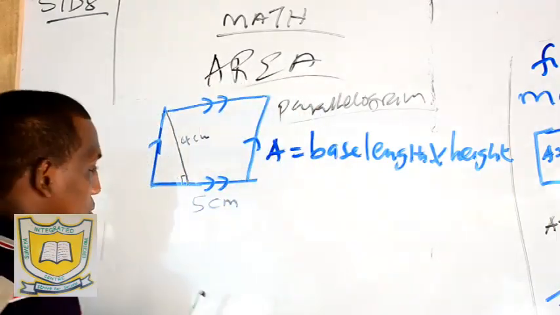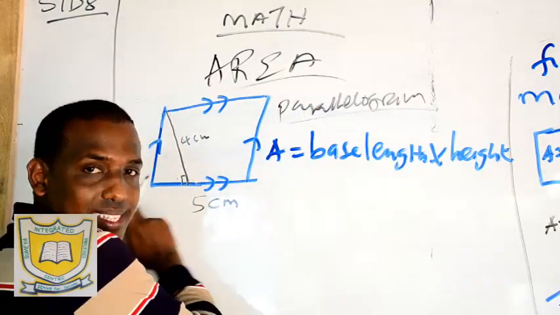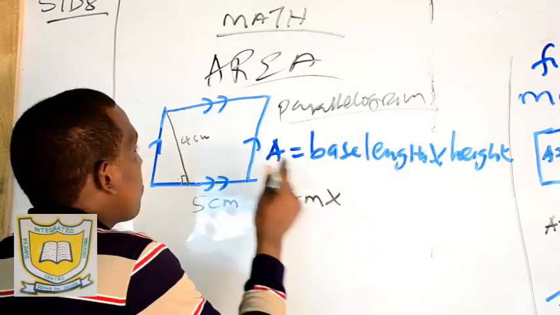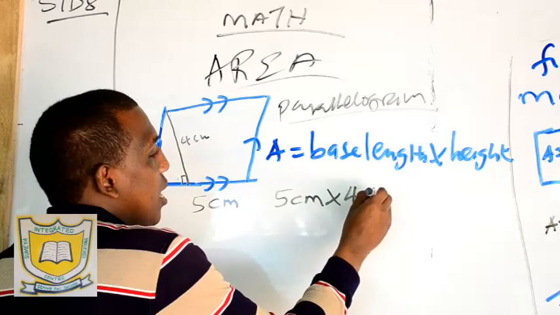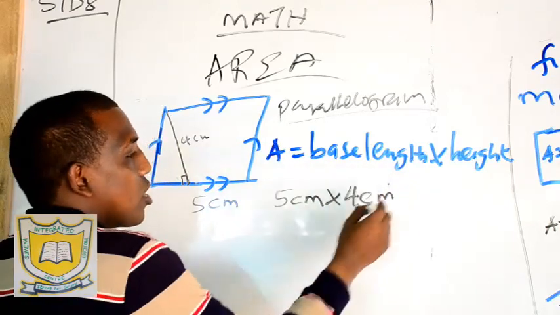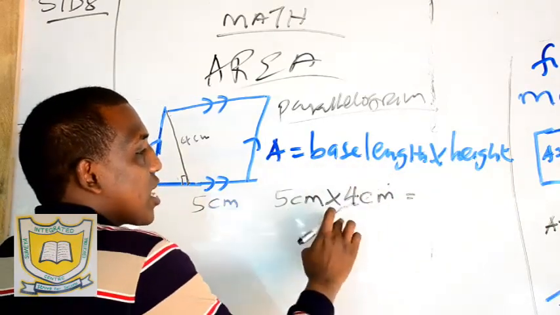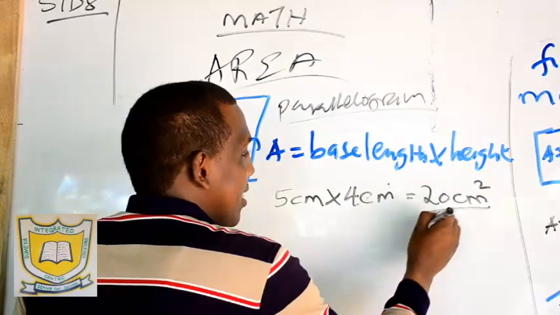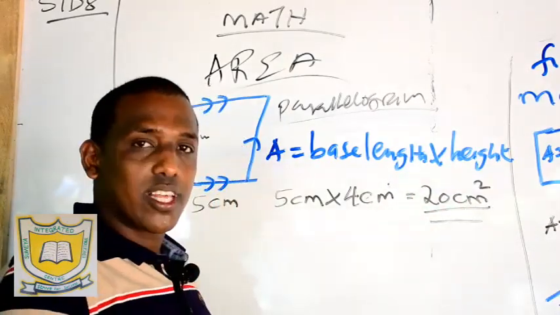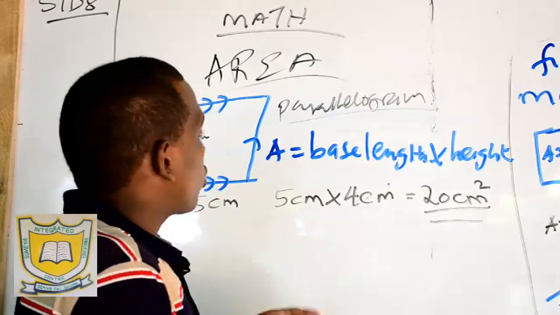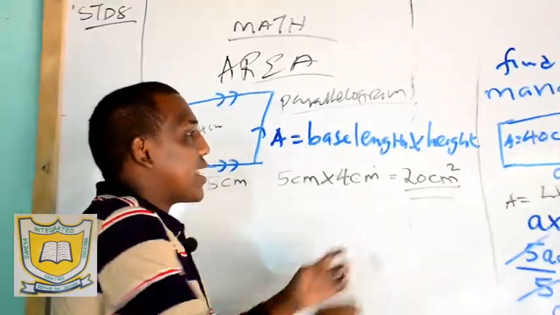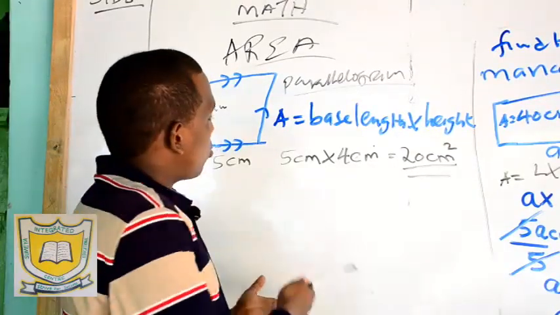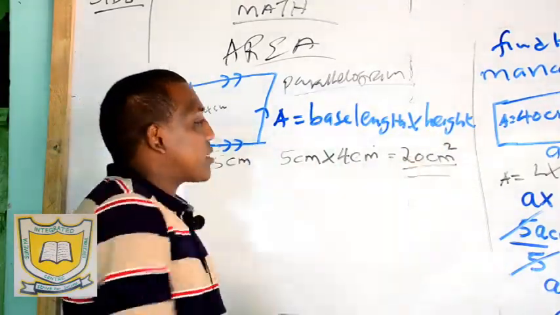So now, base length is this line, which is 5 centimeter, multiplied by 4 centimeter, which is equal to 5 times 4, 20 centimeter squared. That's how we get the area of the parallelogram. Very easy. So we say base length times height.